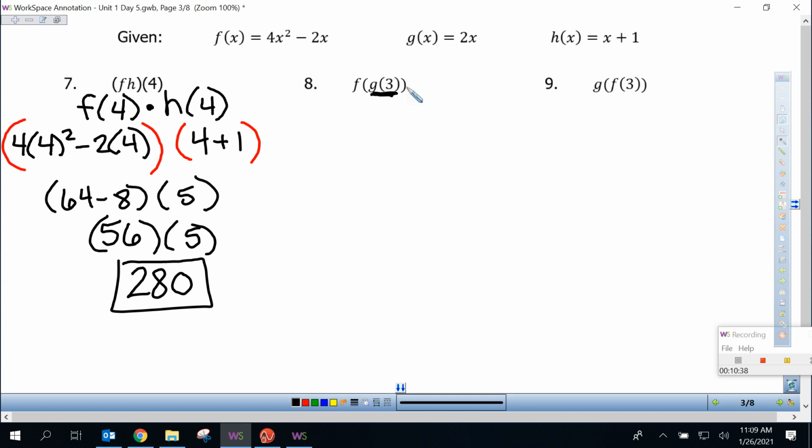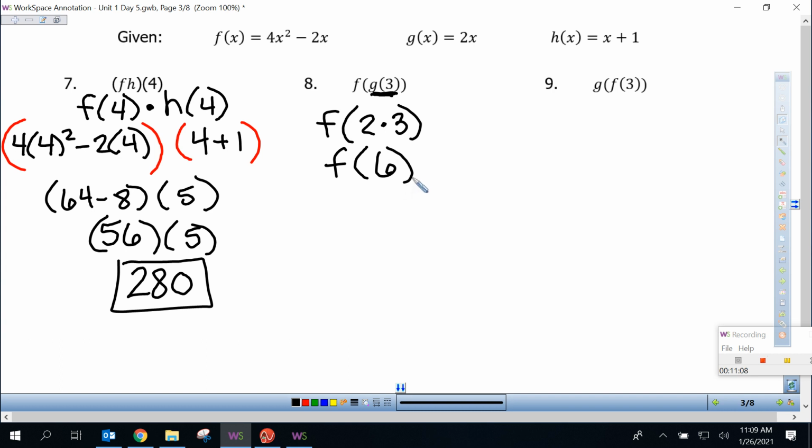So we need to start with g of 3. What we have to do is just drop down the f, and we're working inside the innermost parentheses first. So the first thing we need to do is find g of 3. So go to g's equation, and we need to do 2 times 3. And 2 times 3 is 6. So that leaves us with f of 6.